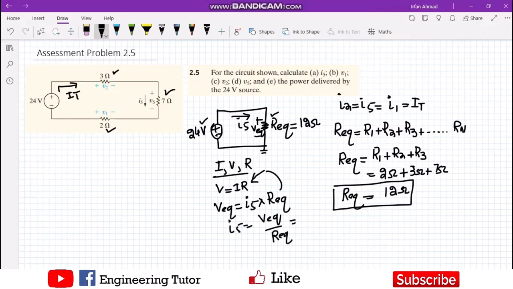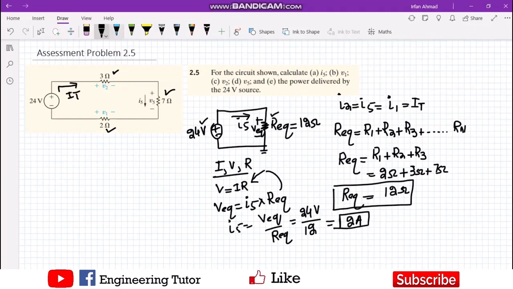The value of V equivalent is 24 volts, which is the total voltage which is consumed here, and the value of R equivalent is 12 ohm, which ultimately gives us the value of 2, and the unit of the current is ampere. So this is the total amperage which is consumed here.